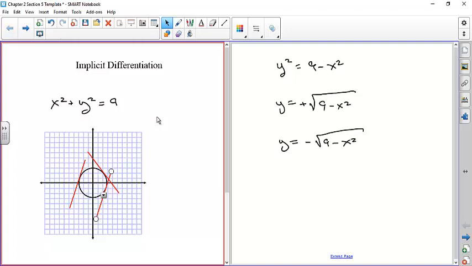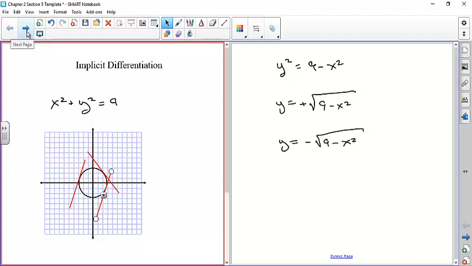So can we take the original equation and find the derivative, dy dx, which is the slope of the tangent line? And the answer is yes. And that's what implicit differentiation does. It allows us to find the slope of the tangent line to curves that are not just functions.